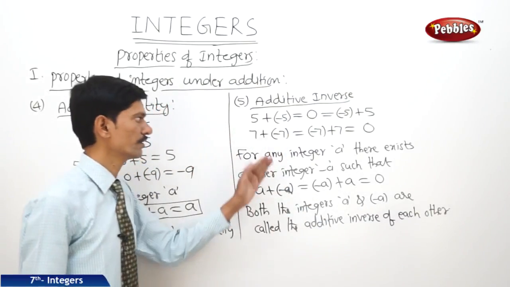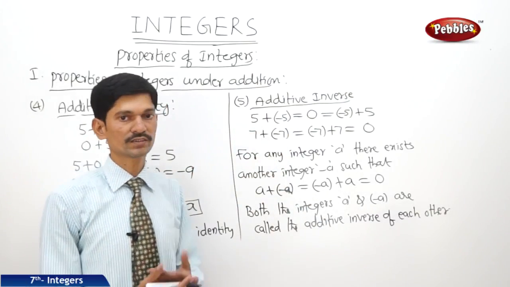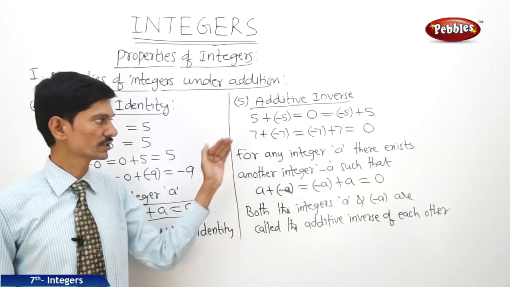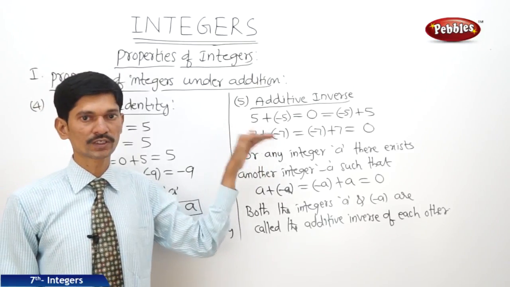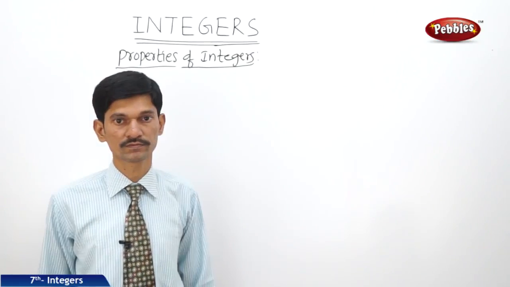So the additive inverse of 8 is minus 8 and the additive inverse of minus 8 is plus 8 because the sum of those two integers is 0.